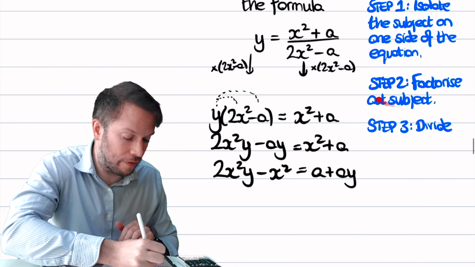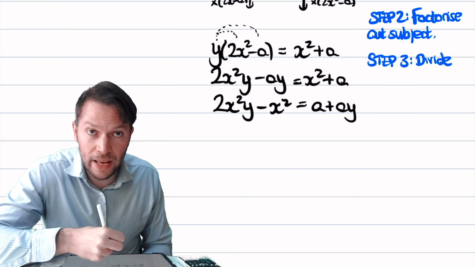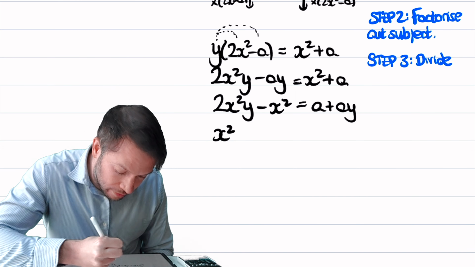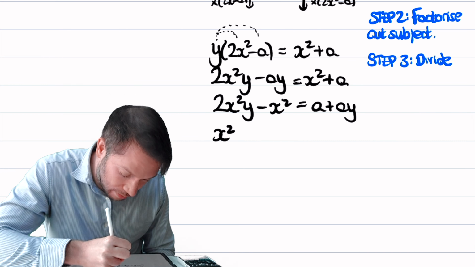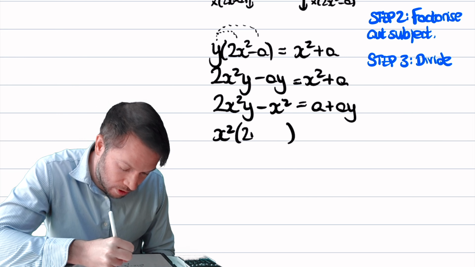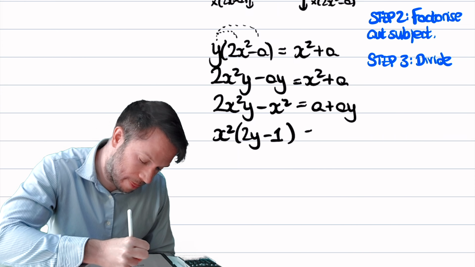Step 2 is to factorize out the subject. Now notice, although we could factorize out x here, we can actually factorize out x squared. These terms have a common factor of x squared, so always factorize out the highest power of the subject. Now x squared times what is 2x squared y, which is 2y, and x squared times what is minus x squared, which is minus 1.